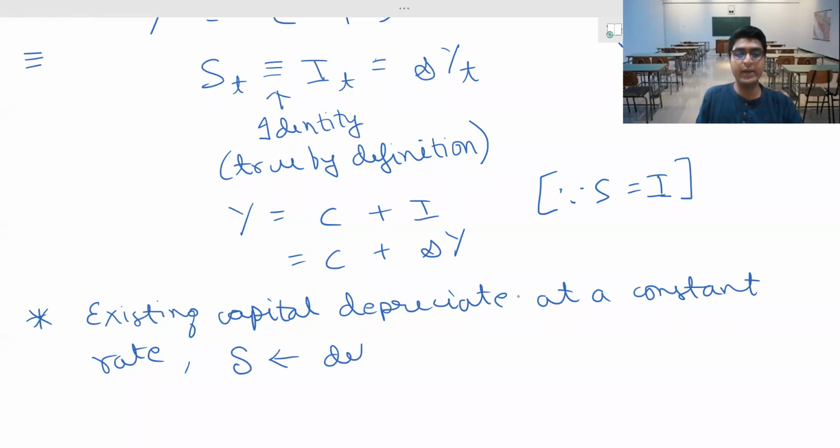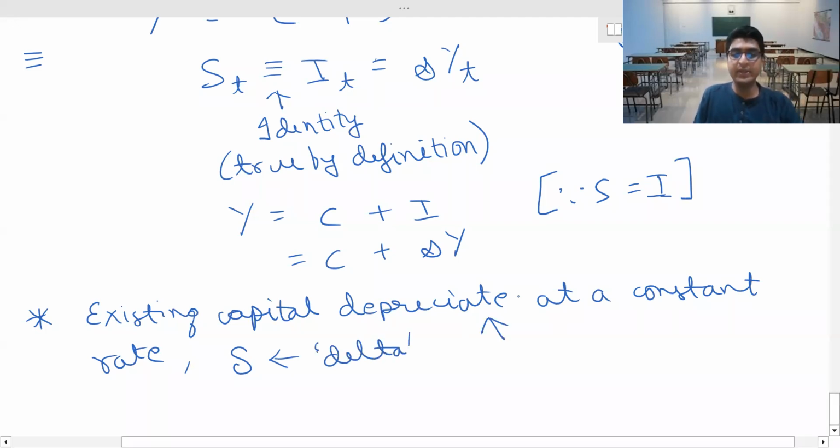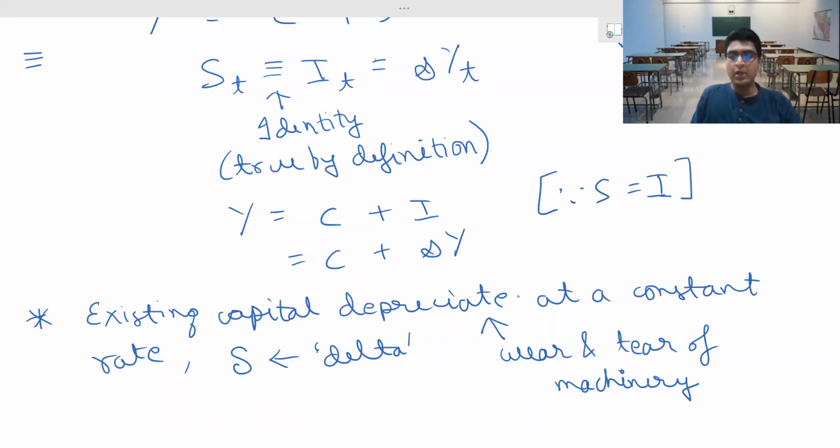Okay, the symbol is called delta, and depreciation basically means wear and tear. So when you use, let's say, machinery, with time its value and its productivity also decrease. Okay, so with time, the productivity of any machinery or equipment decreases. So that is what we call wear and tear. Okay, so in technical terms it is called depreciation.